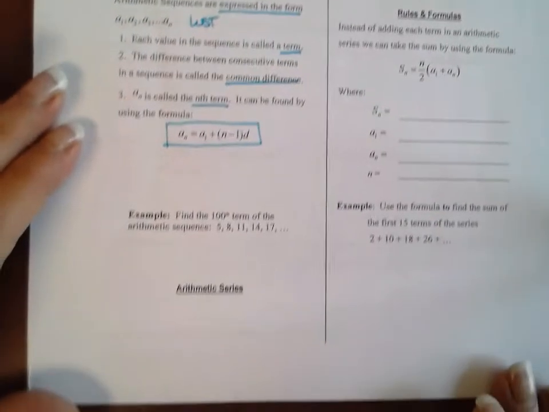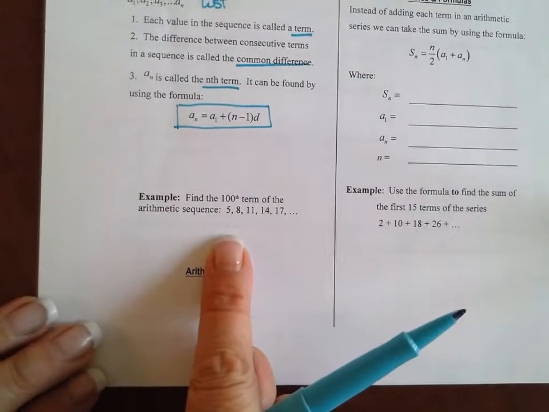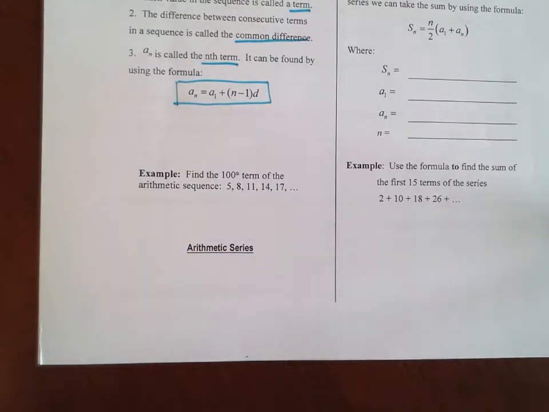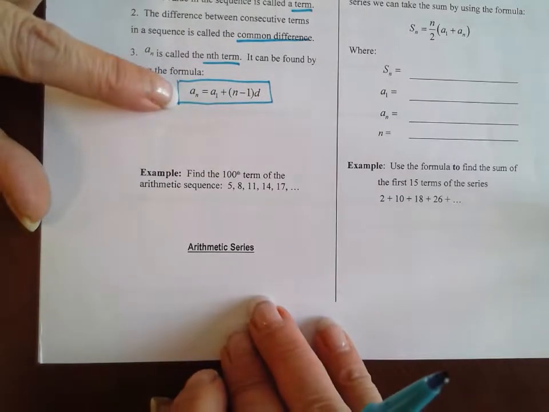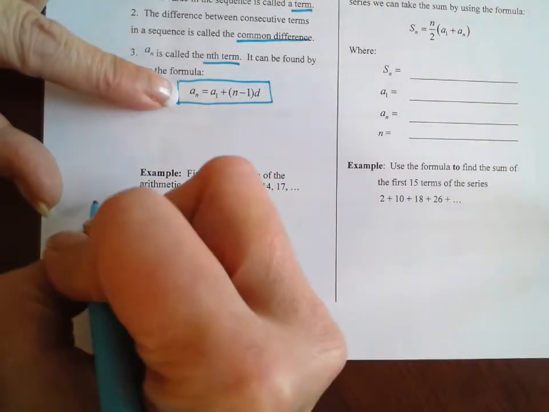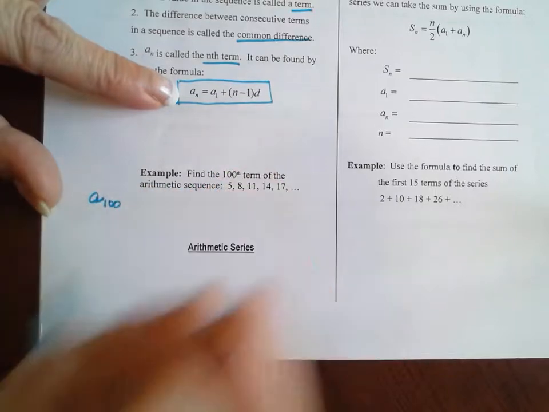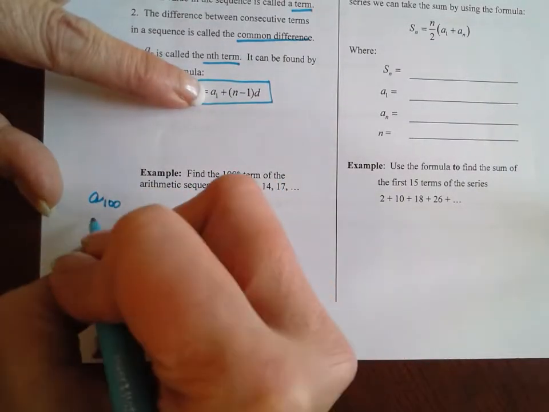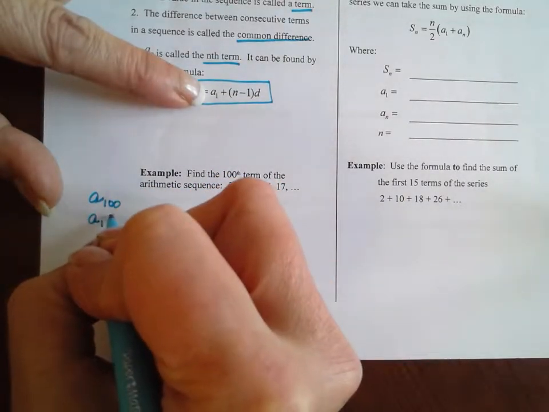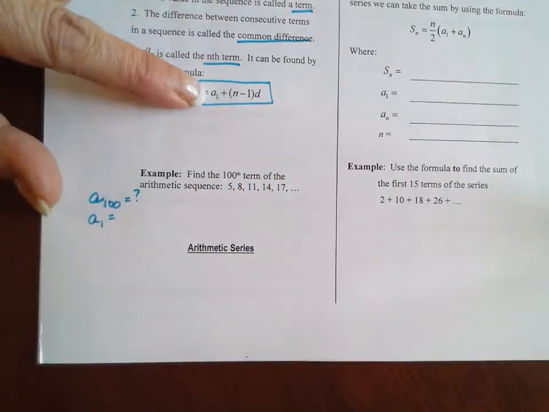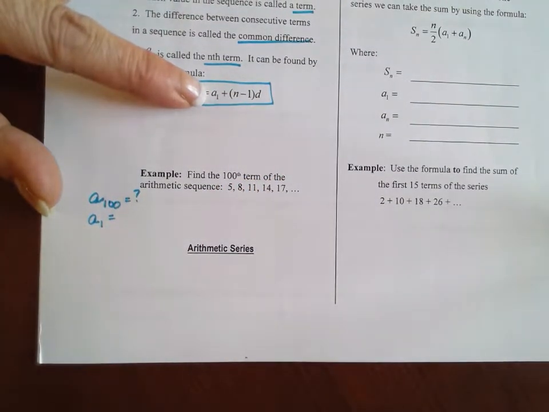All right, so if I have this sequence and I want to find the 100th term, what do I want to do? I use this formula, right? Okay, I'm looking for the 100th term. What's my a sub 1?